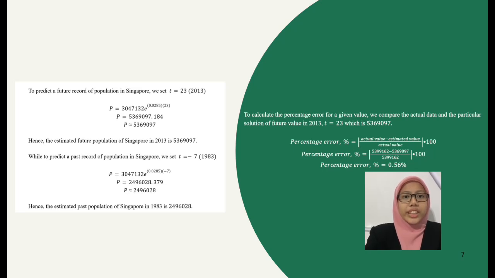Then, to predict a past record of population in Singapore, we set t as -7 when the year is 1983, which amounts to the estimated total population in Singapore in year 1983 to be 2496028. Finally, to find the percentage error of the visualized graph, the difference of the actual total population and the estimated total population is divided by the actual total population all in the same year times 100%. Hence, the percentage error for our general solution amounts to 0.56%.